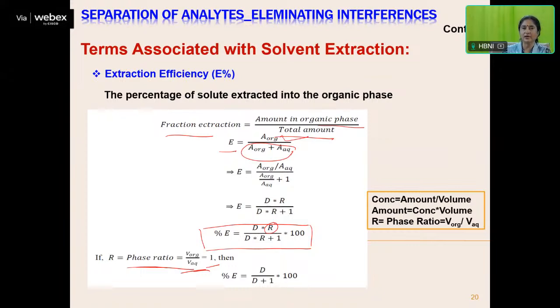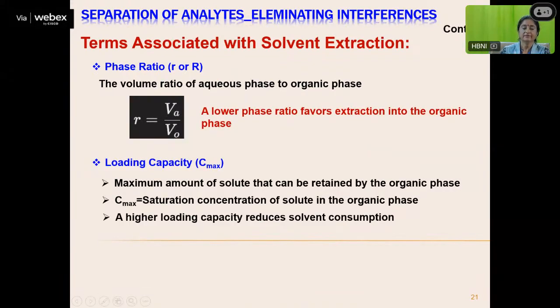Like if you are taking 0.5 ml of organic and aqueous is 1 ml, then the ratio will be different. If you are taking both 1 ml, then the ratio will be 1. So depending on that, the phase ratio is there. And if phase ratio is 1, then this is the percentage extraction. Then phase ratio, as I have just told you, is volume of aqueous phase by volume of organic phase.